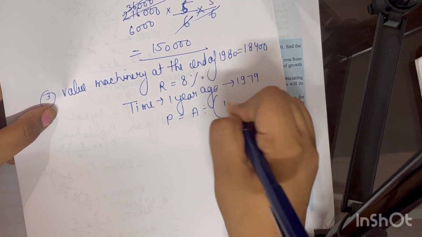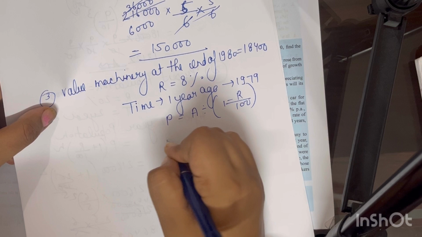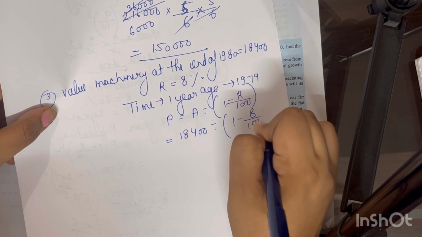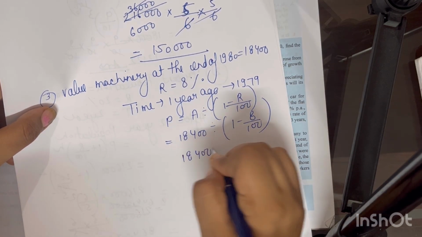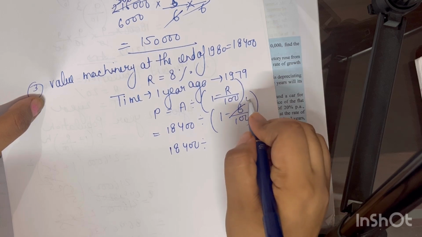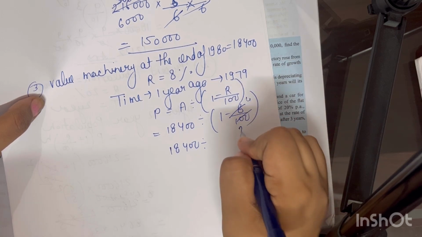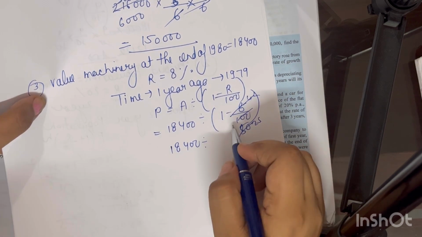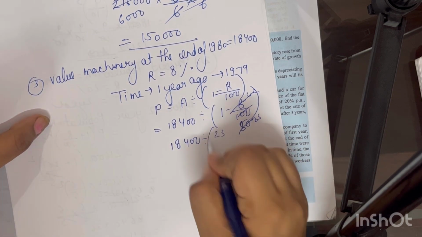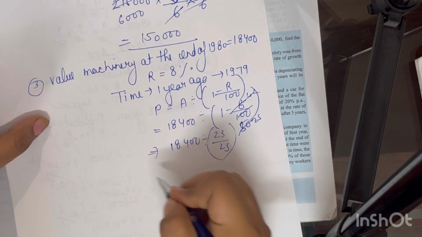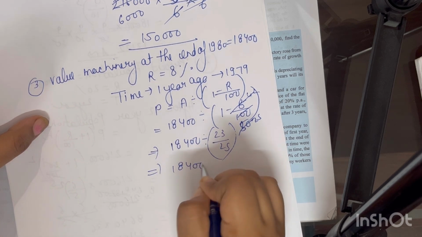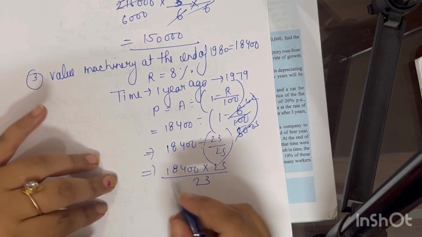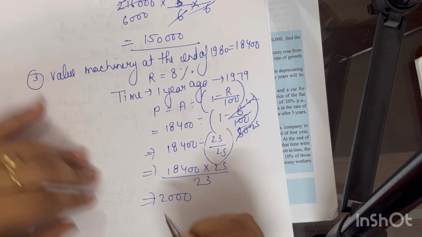P is equal to A divided by (1 minus R by 100). 18400 divided by (1 minus 8 by 100). 2 4s are 8, 2 2s are 4, 2 5s are 10, 25 minus 2, 23 by 25. 18400 into 25 by 23. So it will be 20000.